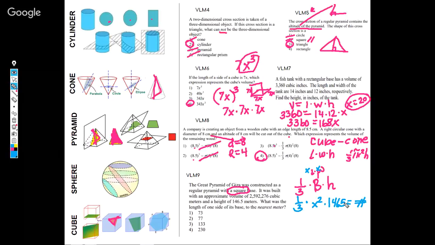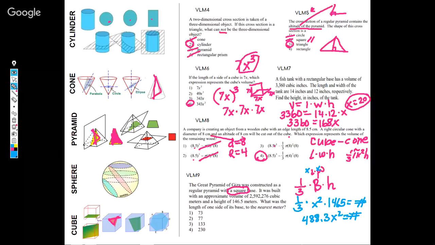So now I'm going to type in my calculator 2,592,276. Now, first I have to get rid of this 1/3. So what some people do is they actually just take the 1,465 and divide it by 3. So this gives them 488.3 x squared equals the number.